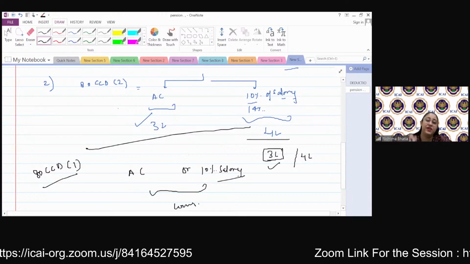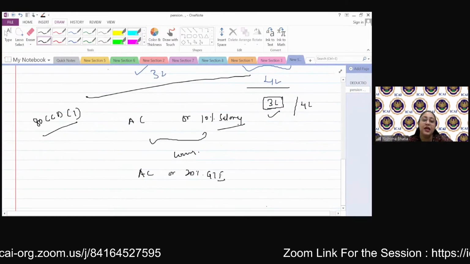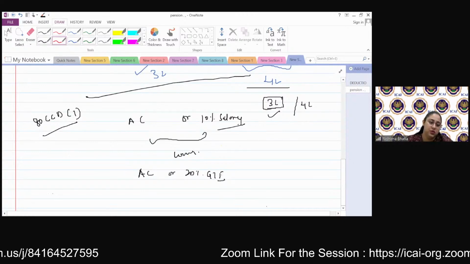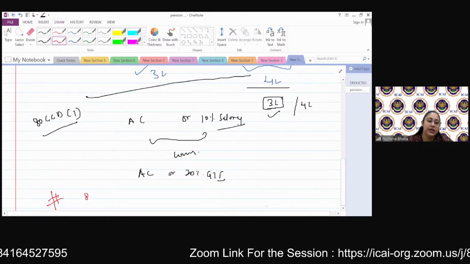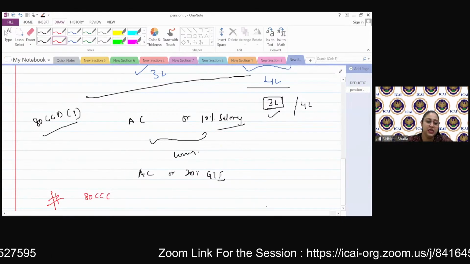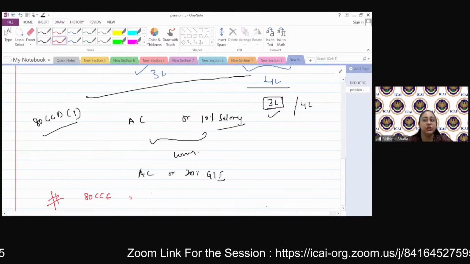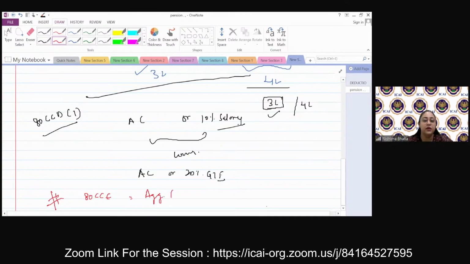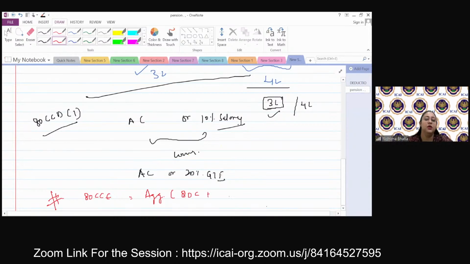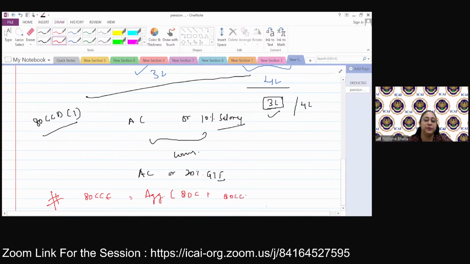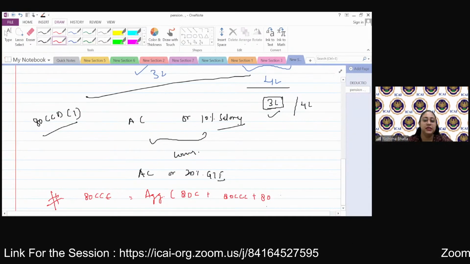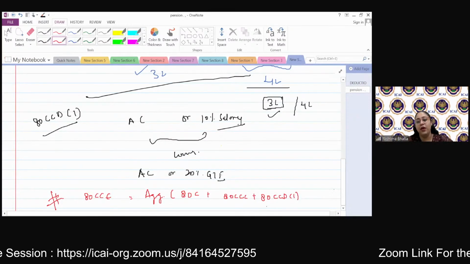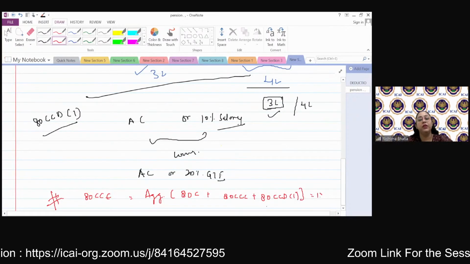But now the problem is, friends, that 80CCD 1 gets combined in a section called, very importantly, 80CCE, which is a section which says that in aggregate, 80C plus 80CCC plus 80CCD subsection 1 in aggregate cannot have a deduction of more than 1,50,000.